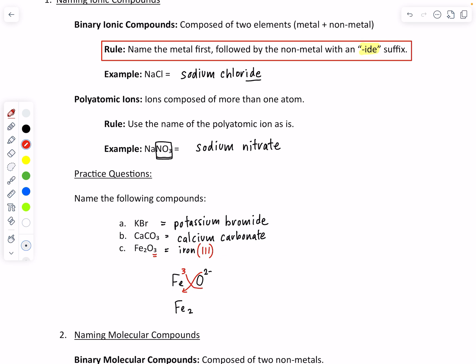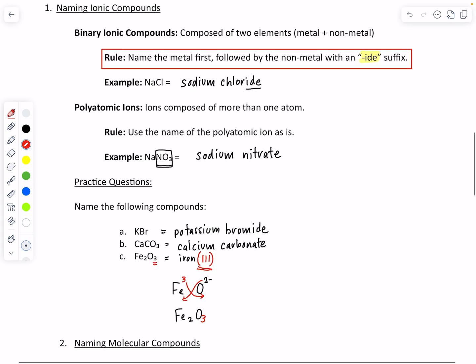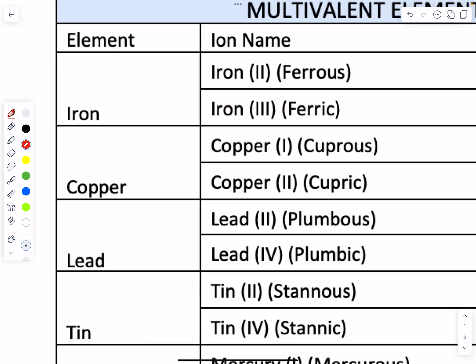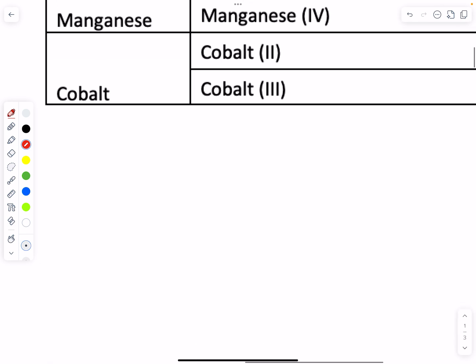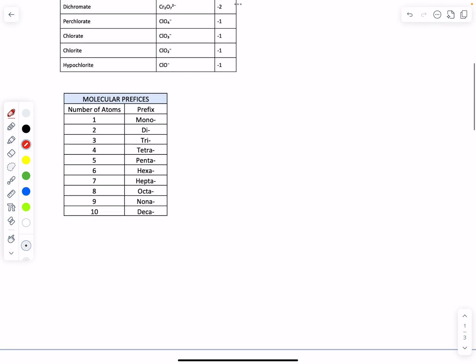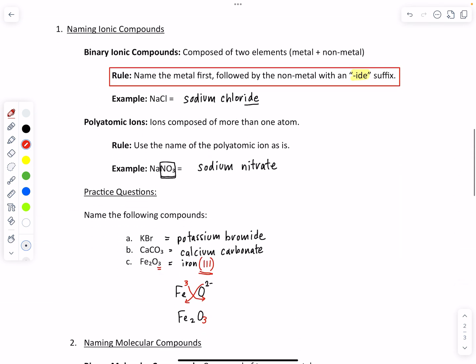So this 3 ends up at the bottom here. We have O3. So we'll add the name of the metal, the Roman numeral that we've decided from our multivalent metal table above, plus the name of the second element with the ending IDE. So it's going to be iron 3, and instead of oxygen, we write oxide.